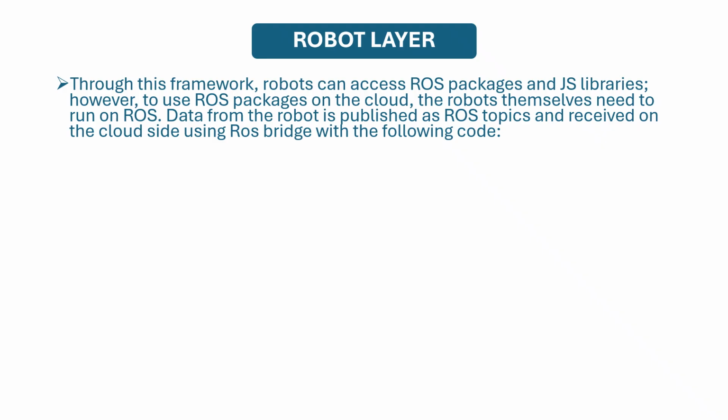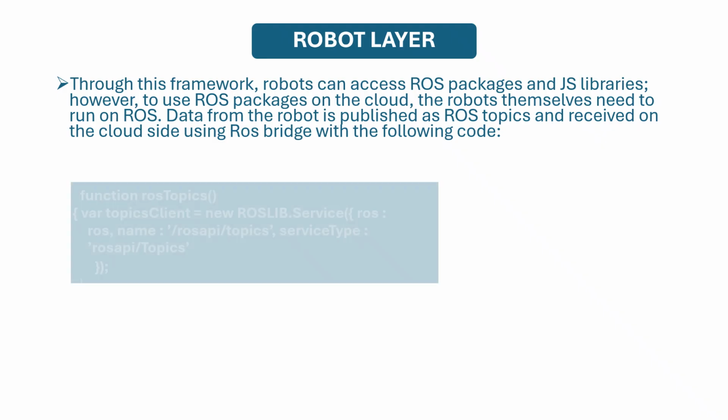What are called ROS topics, and they are received on the cloud side, on the cloud platform. What type of communication is provided to them? The ROS bridge is getting the communication and the cloud side is receiving the output.